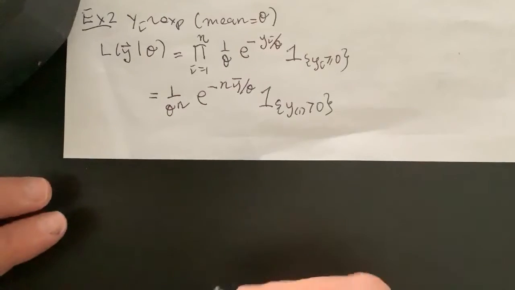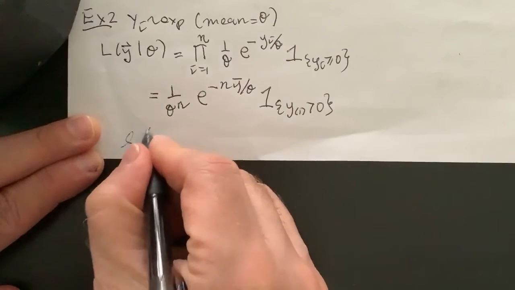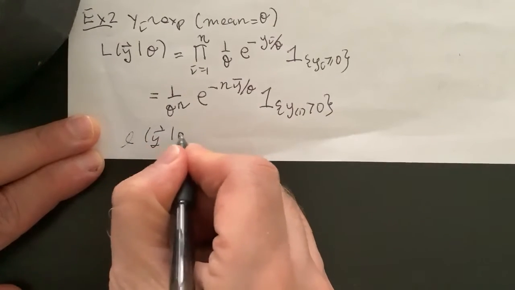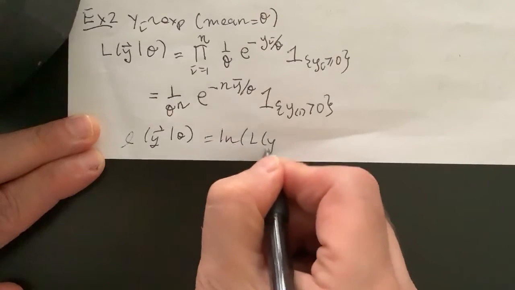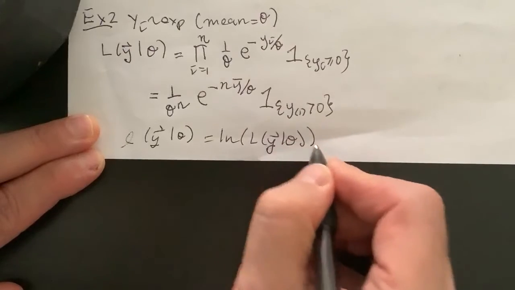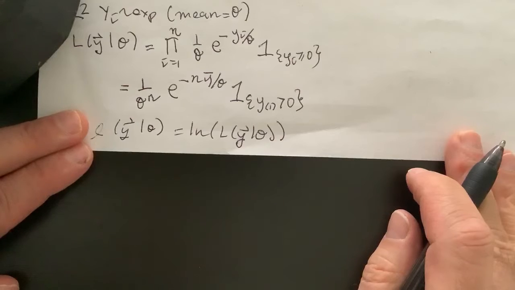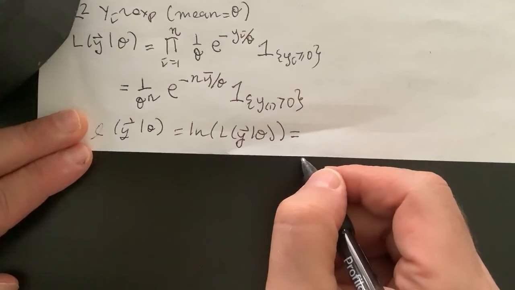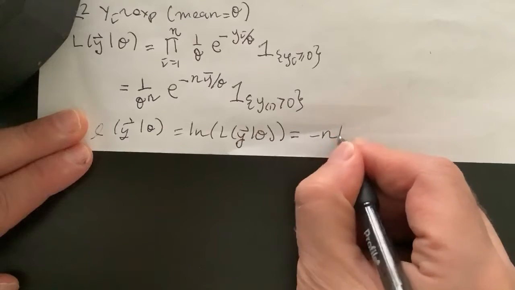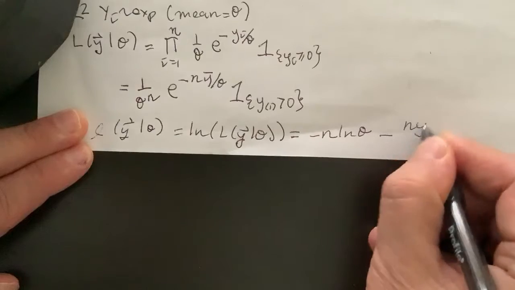For simplicity of computation, we now take the log of this, so we have little l(y; theta) equal to ln L(y; theta), and we get minus n ln theta minus n y bar over theta.